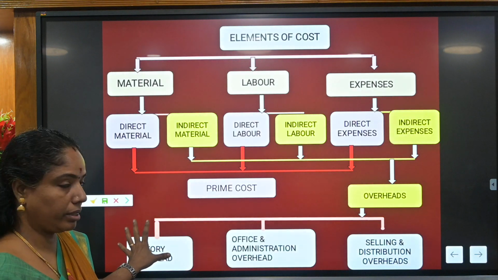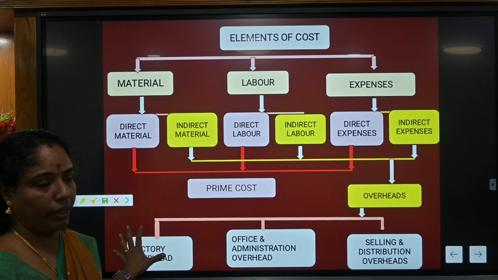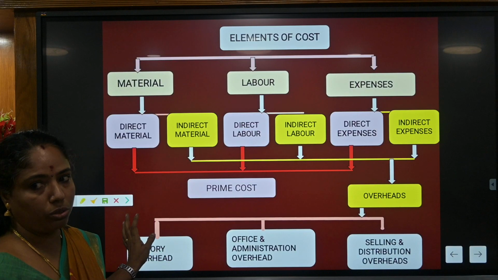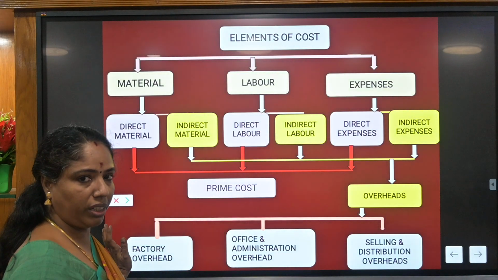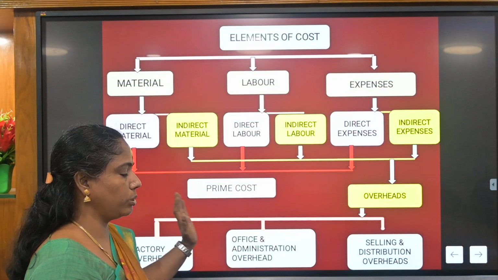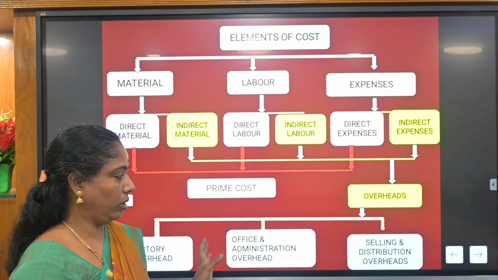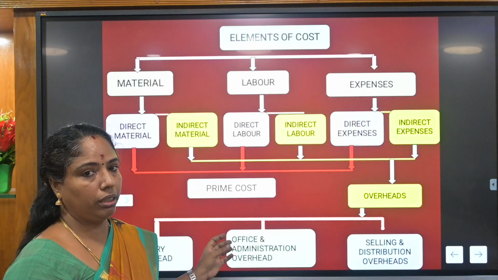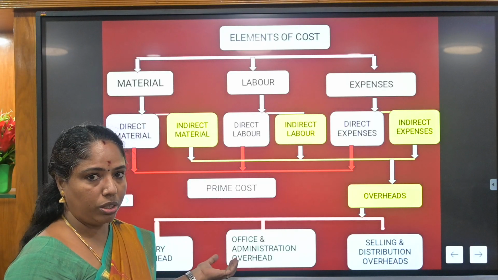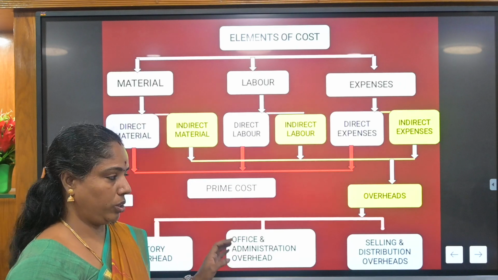It is otherwise known as works overhead, because in the factory work is done. After completing the work in the factory, we transfer things to office and administration for taking orders and so on. The expenses incurred in office and administration come under this category. This is known as cost of production.